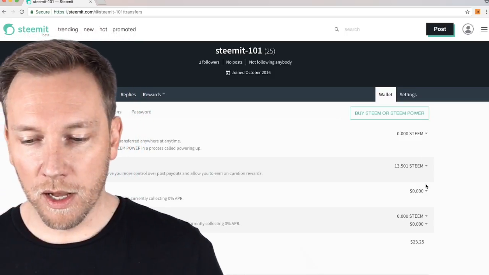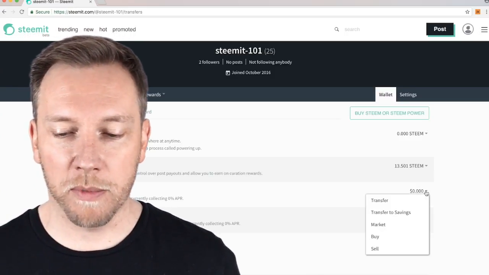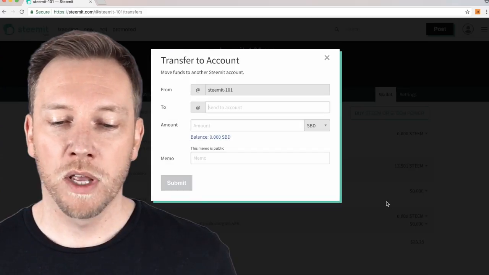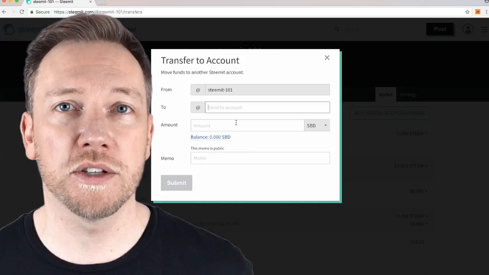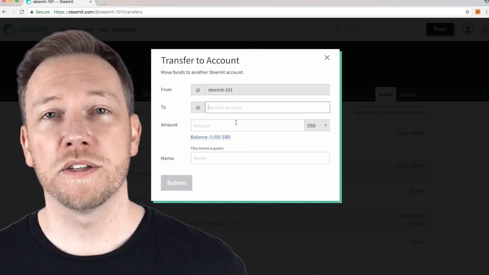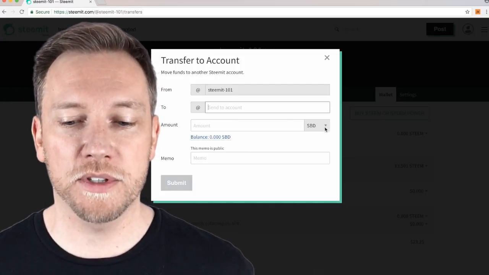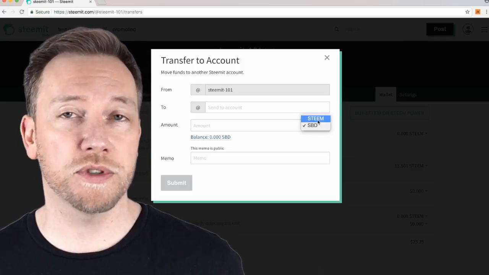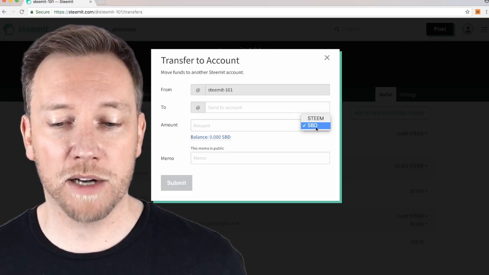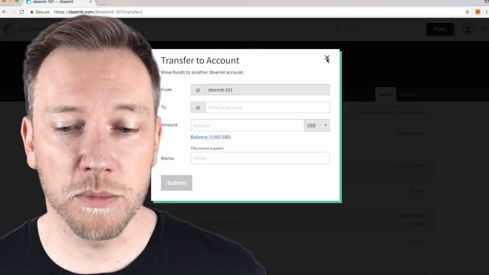Now, let's go down to the Steem dollars drop-down menu. It has basically the same things. This transfer tab takes you to the same transfer form that we tried to transfer Steem to Ned on, only this time now it says SBDs instead of Steem, right? So you can either transfer Steem around or Steem dollars to any other Steem user.